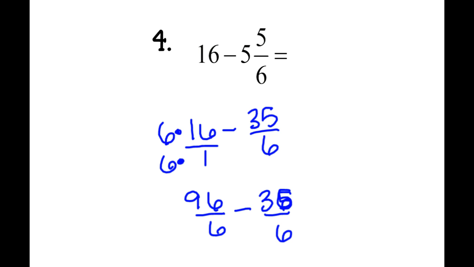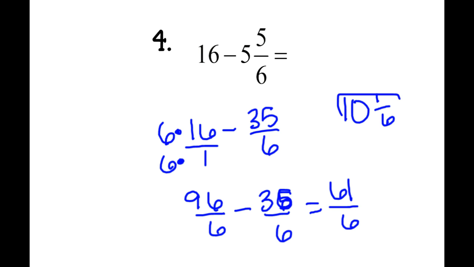And 96 minus 35 is 61/6. So then, if you want to make it a mixed number, I don't care if you leave it improper, but if you want to make it a mixed number, you can say 6 goes into 61 10 times with 1 left over. So you get 10 and 1/6, or you can get 61/6.